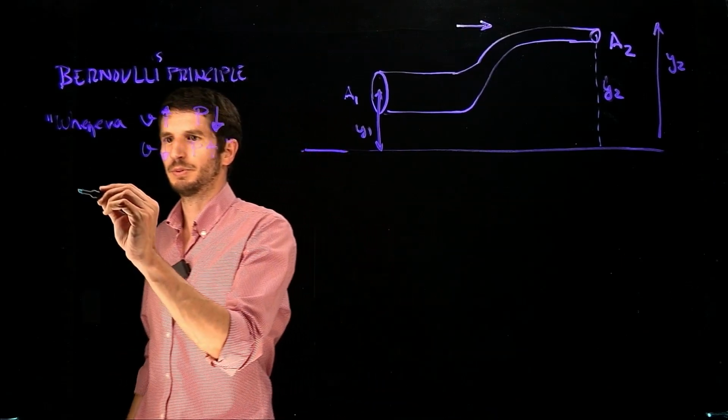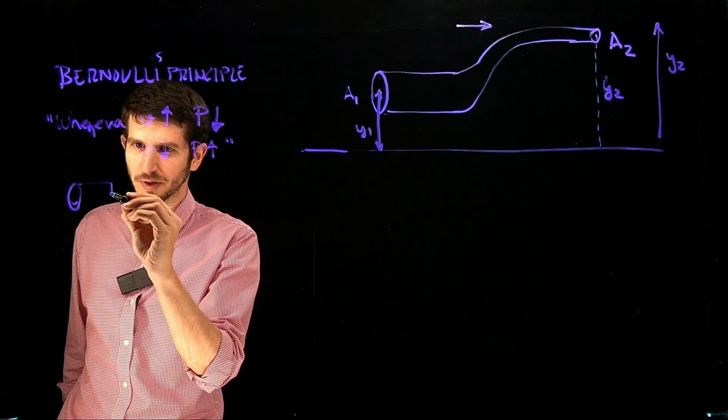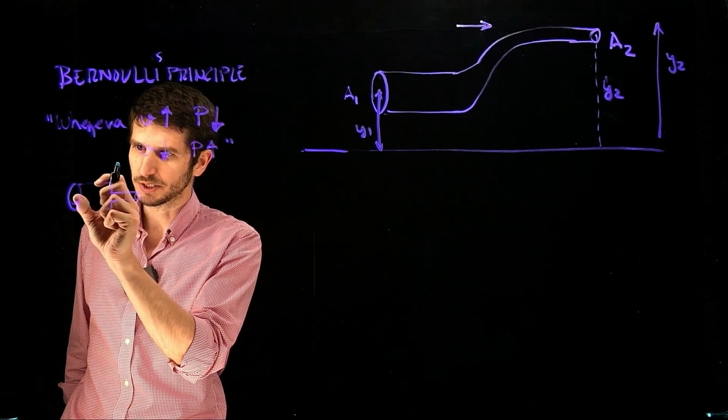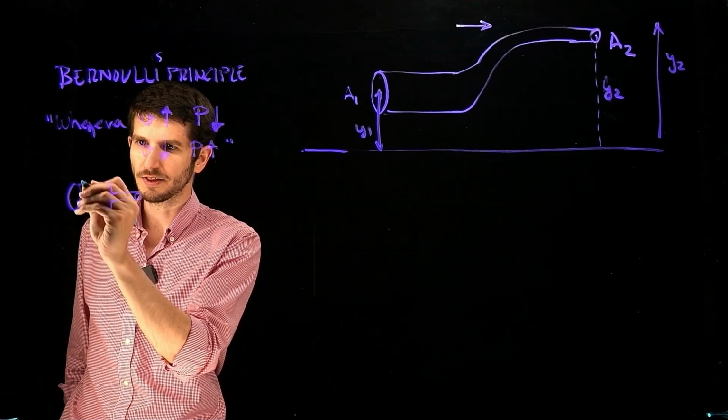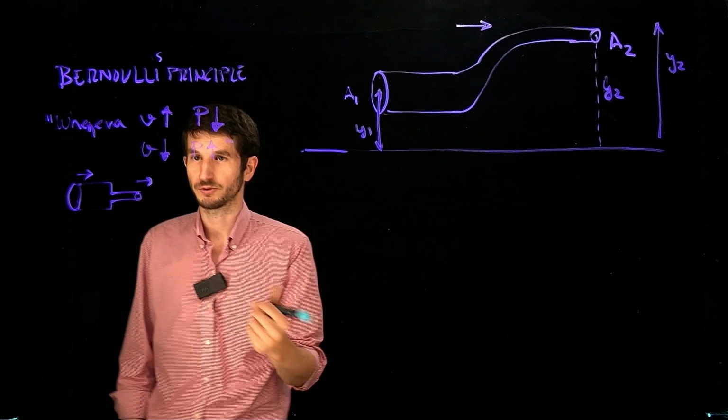Let's take this piece of pipe, as we were making before with the continuity equation, and let's see what happens in here. Let's say that there is net flow going in here, so the fluid is flowing that way.